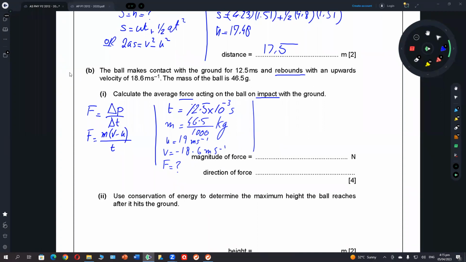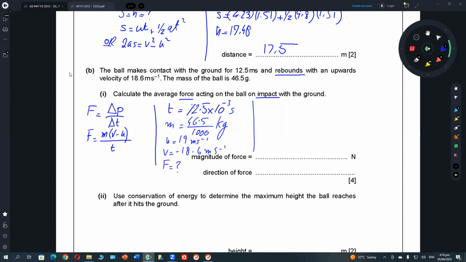So mv minus mu will be the change in momentum. It's the formula for impulse. Remember dynamics, Newton's laws and change in momentum. Do you remember the 2D momentum chapter? p is equal to mv. So why will we use the velocity as minus 18.6?